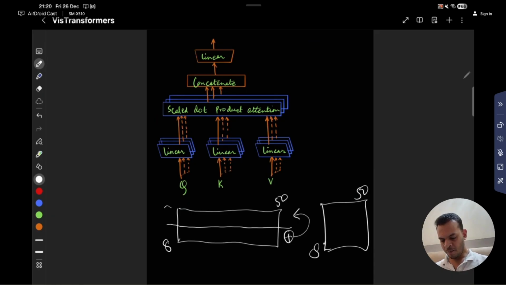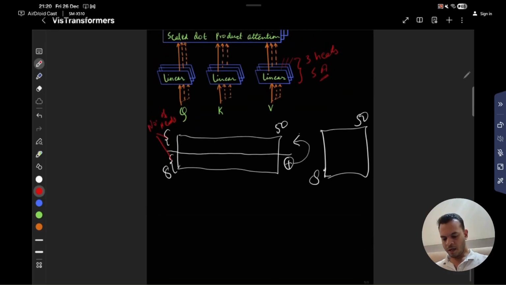And the number of divisions that happen will be the number of heads of this multi-headed self-attention block. So in this case, what you see here, 1, 2 and 3, is actually three heads of self attention.